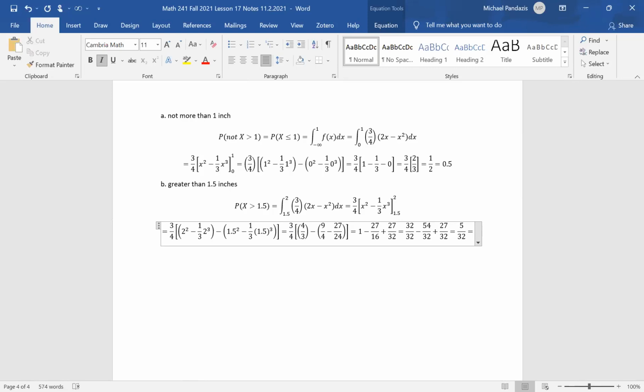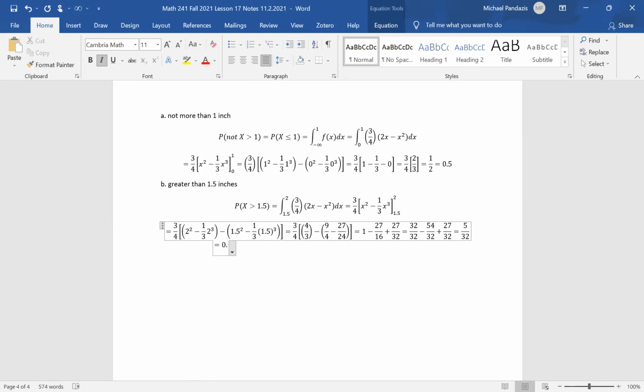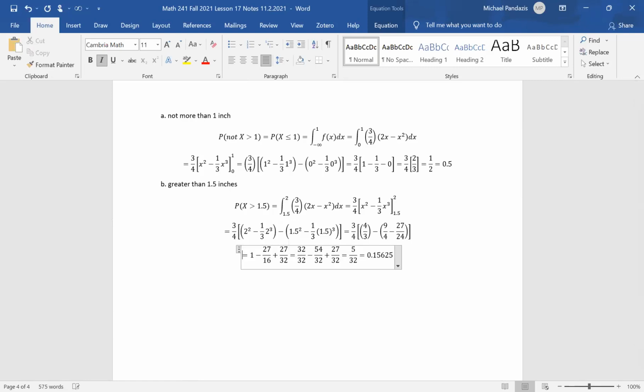And as a decimal, this is equal to 0.15625. I was just evaluating it as a fraction and as a decimal.